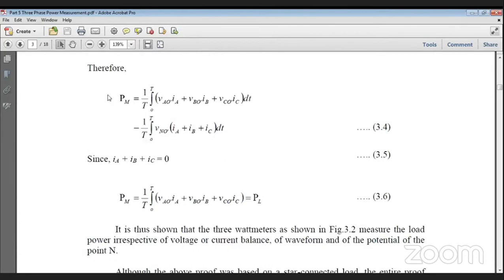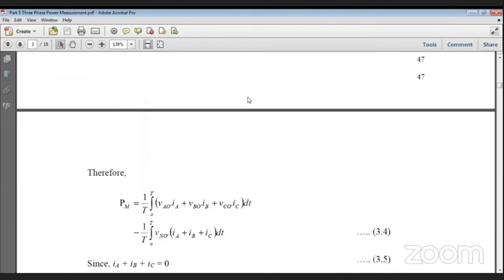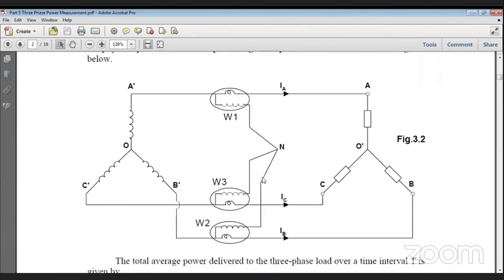If that component vanishes, the measured power is equal to the load power. Therefore, if IA plus IB plus IC is equal to 0, this connection will give the load power. That is the beauty of it: this connection, which does not access anything in the load, just simply connecting on the line side, will give me the load power.